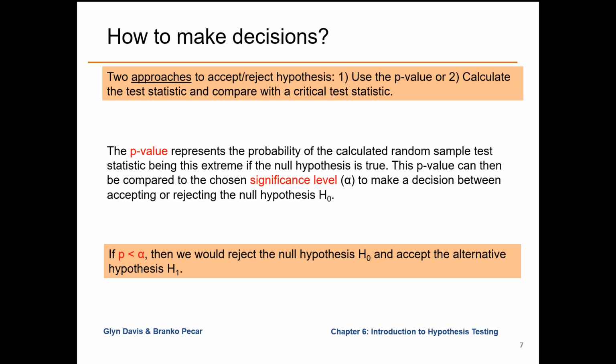But if you're just solving the problem using the Excel functions as normal, then you can calculate the critical values using the Excel functions if it's parametric, or you can use the Excel functions to calculate p-values as well. But in general, it's probably better just to calculate the p-values, and then if your p-value is less than your significance level alpha, then we would reject the null hypothesis H0 and accept the alternative hypothesis H1.